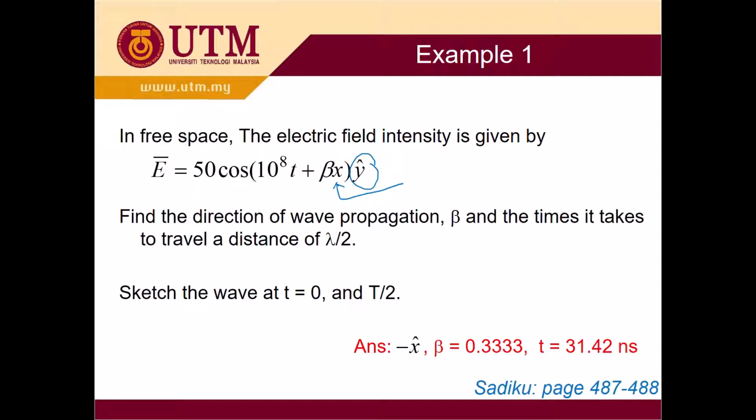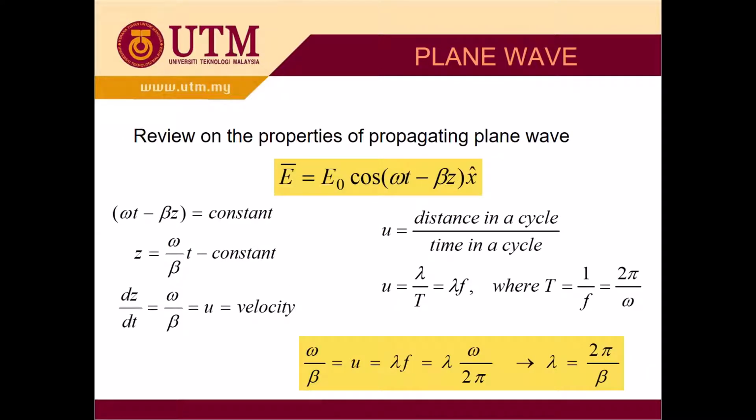Right, so here, find the direction of wave propagation, beta. We have to compare with the standard formula. This is the standard formula: E equal to E naught, the amplitude, cos(omega t minus beta z).